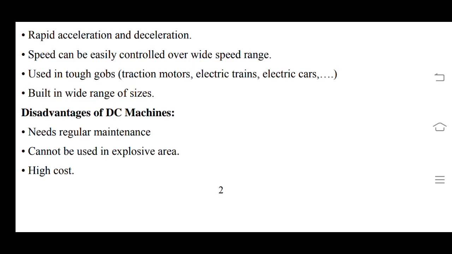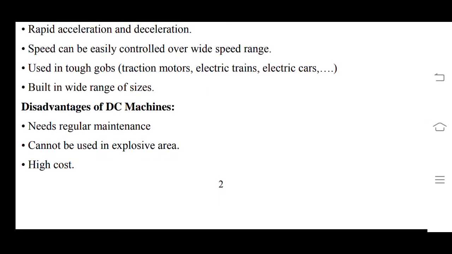So in that place, because of current reversal, sparking occurs between the commutator and brushes. So the mica insulation may be damaged. So because of mica insulation damage, we need regular maintenance of brushes and commutators.